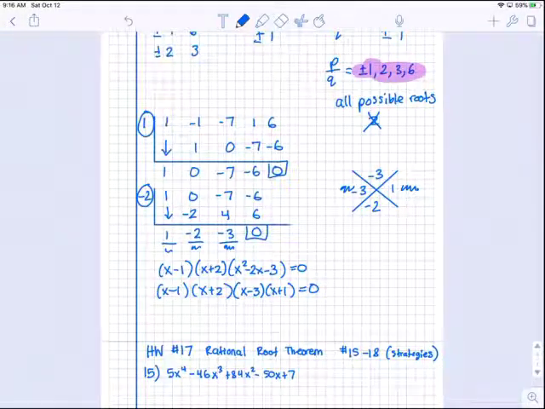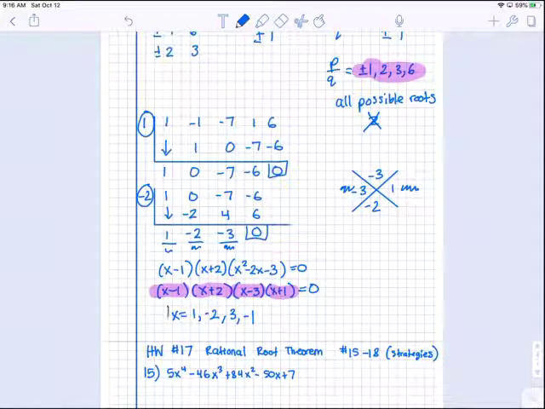Now, let's find our zeros. So x is going to equal, from this one, 1. From this one, negative 2. From this one, 3. And from this one, negative 1.